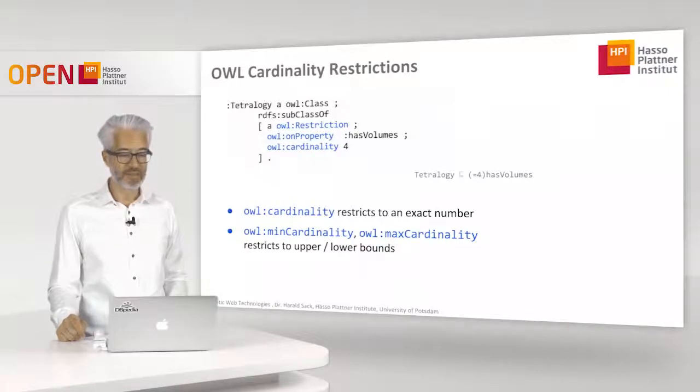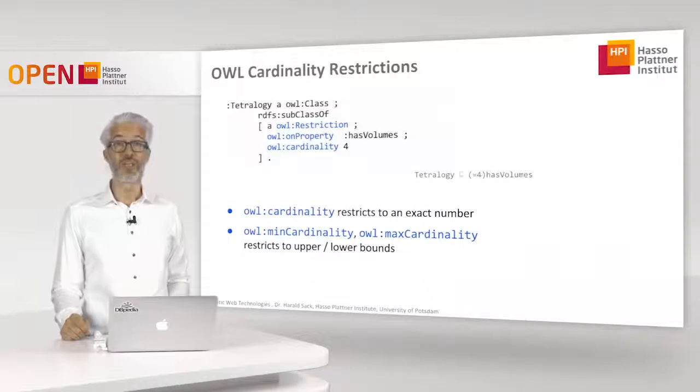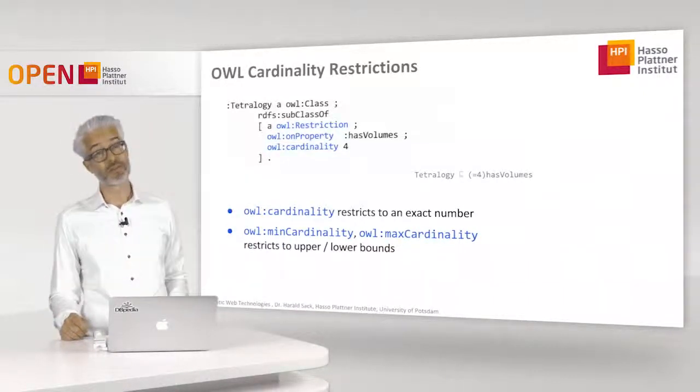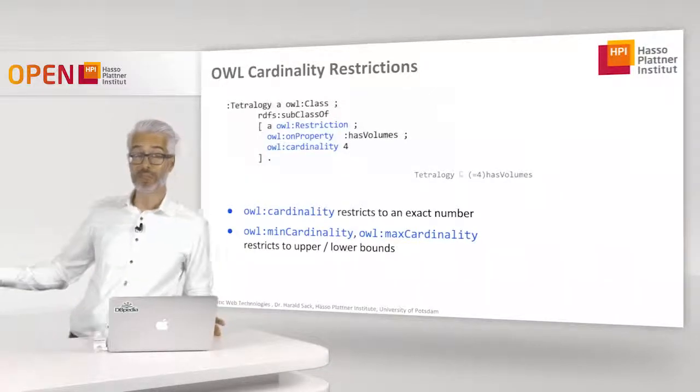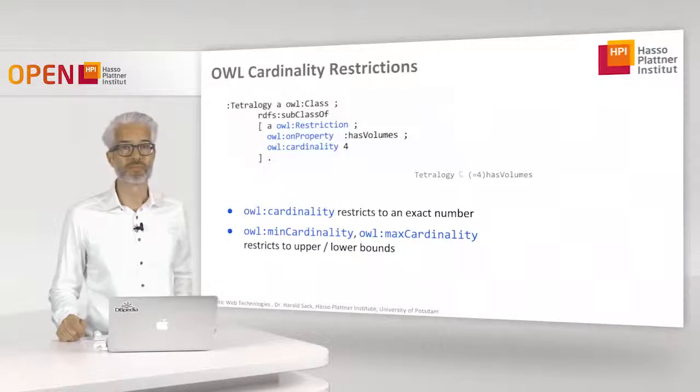So it means a tetralogy is something which has 4 volumes. It's nothing which has only 3 volumes. It's also nothing which has 5 volumes. It's something which has exactly 4 volumes.